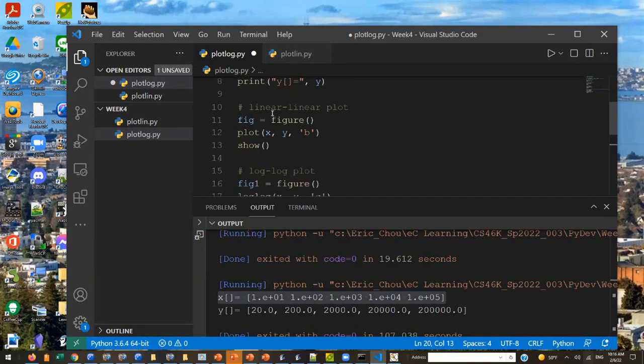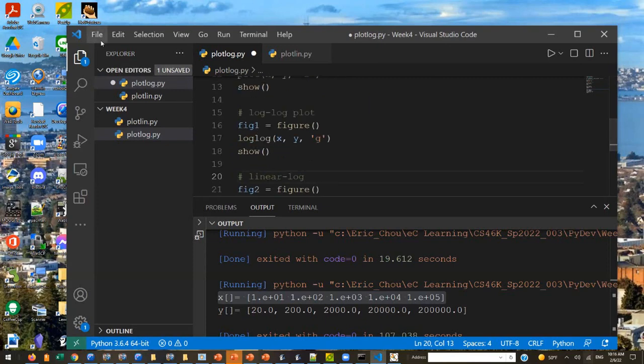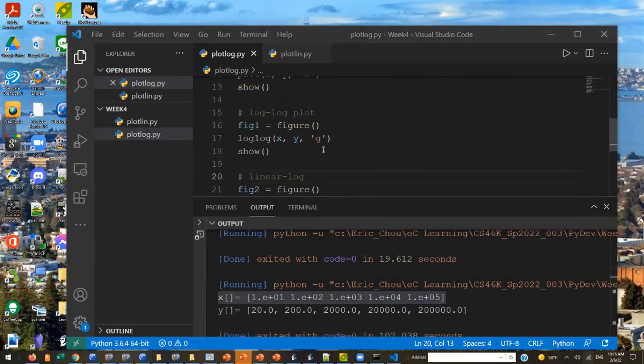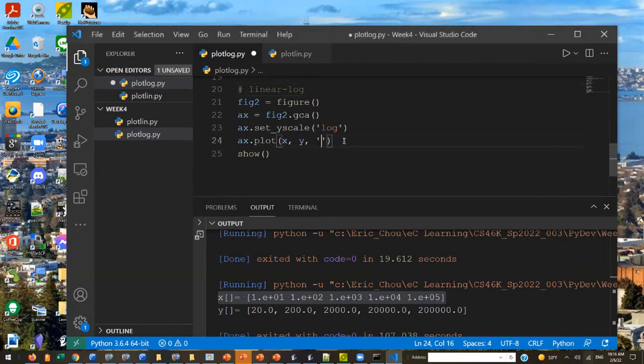The first one is X and Y. The second one is X and Y as well. So we save this. Let me close this chart. The first one I use blue, the second one green, and the third one let me use red.